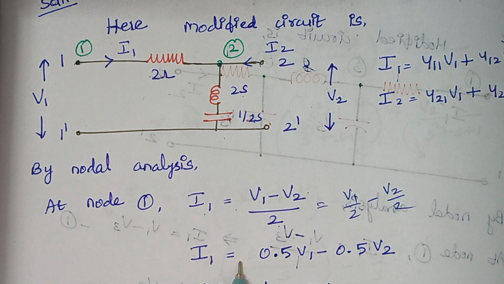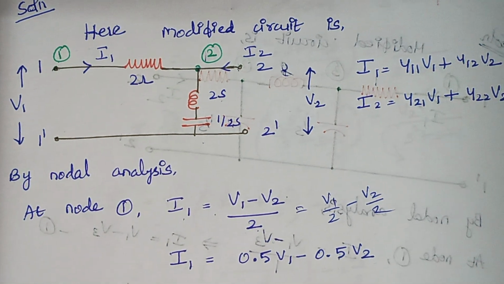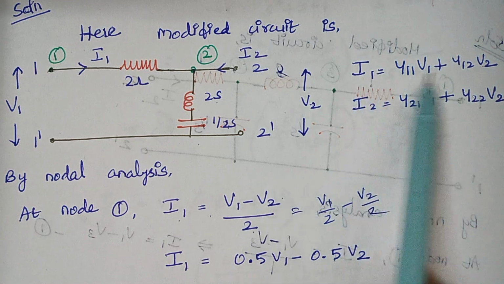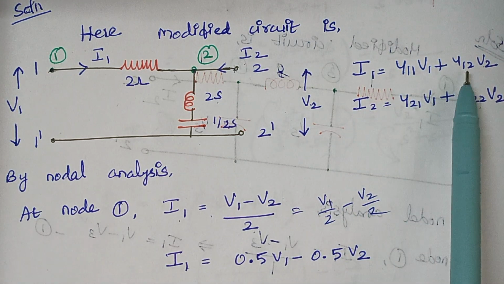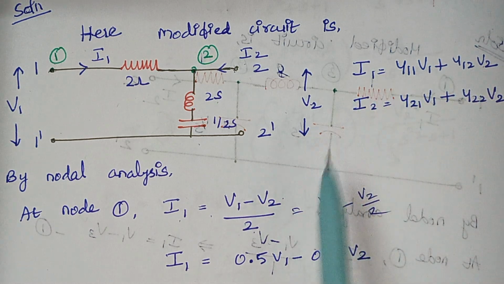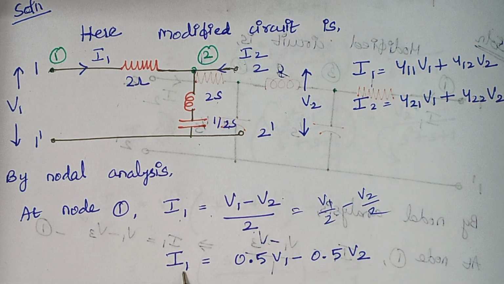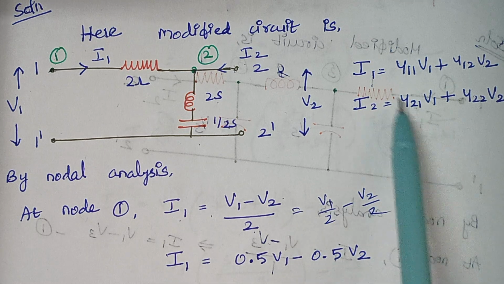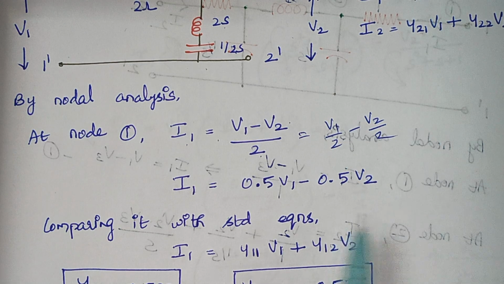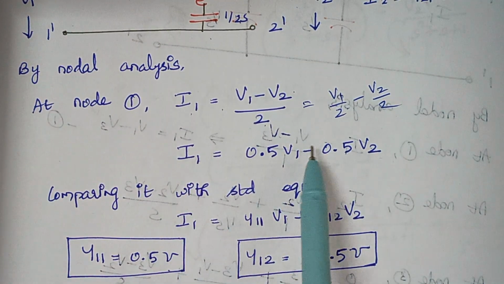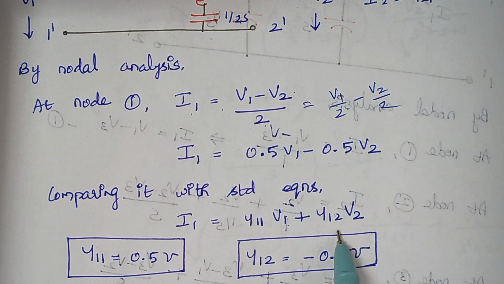When you compare this equation with the standard equations, what are the standard equations? Here you see this is the standard equation: I1 is equal to Y11 V1 plus Y12 V2. Now I have an equation in terms of I1, so I can compare this equation with the standard one. When you compare, here I have I1, here I have V1 and V2.